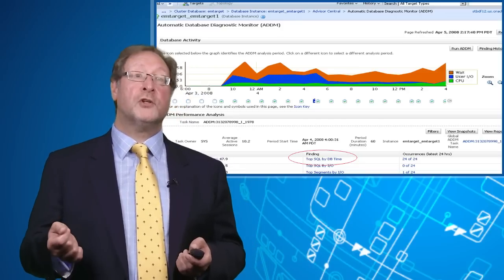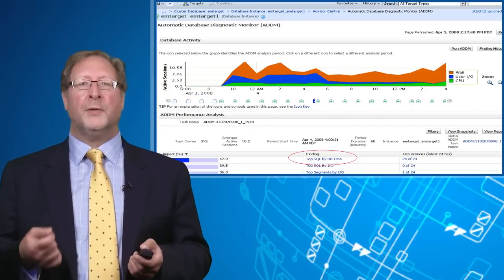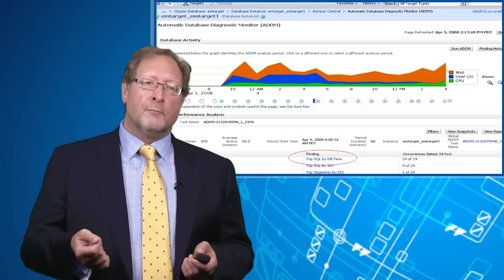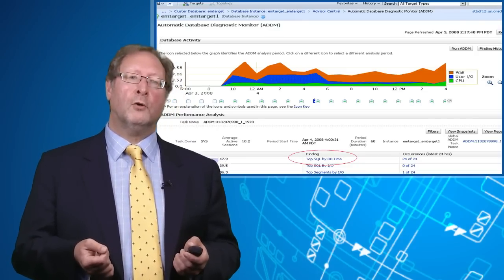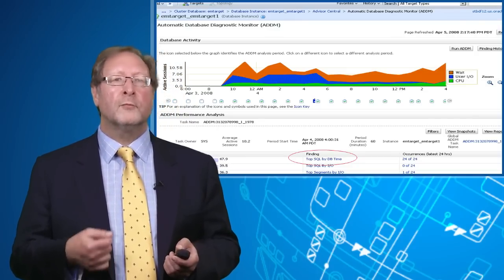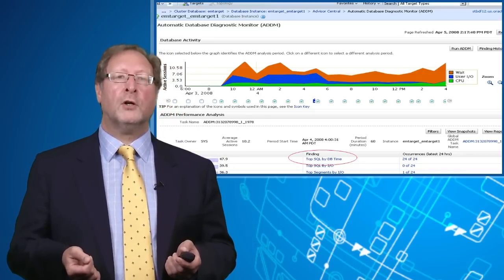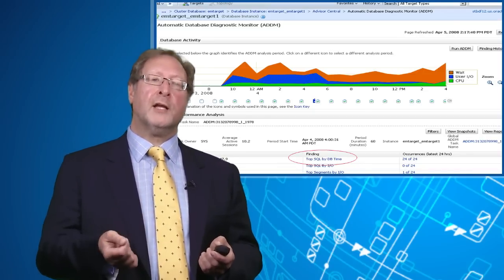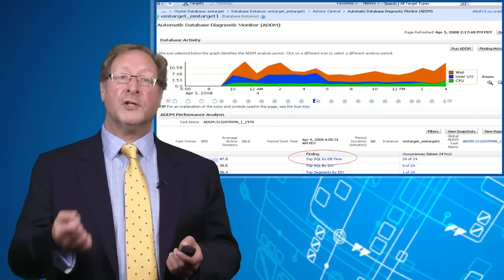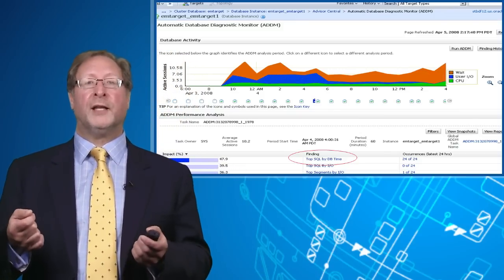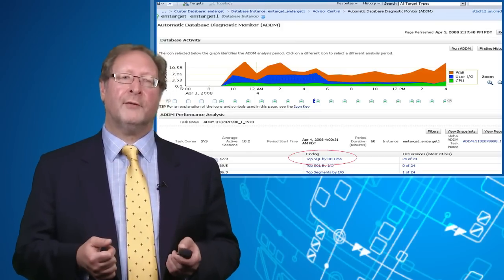And don't be concerned that those add up to a lot more than 100%, because the findings here are not completely orthogonal. In this case we have top SQL at the top, and the next one is top SQL by I/O. Well, obviously some of the time spent doing SQL is also the time spent doing I/O. So don't expect these to add up to a total of 100%.